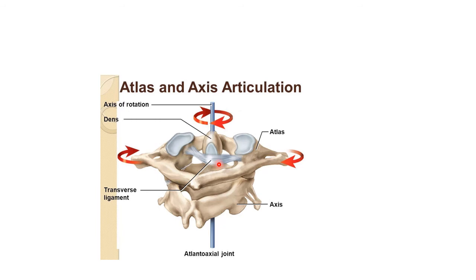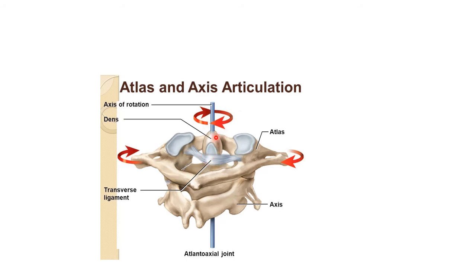There are two articulations, one anteriorly and the other posteriorly, with separate joint cavities. Anteriorly, a separate joint cavity between the dens and the anterior arch of the atlas, and posteriorly between the dens and the transverse ligament.